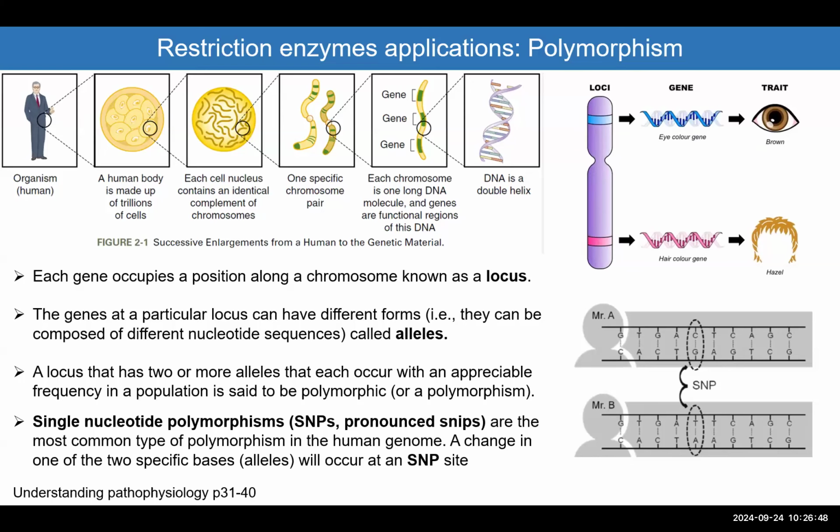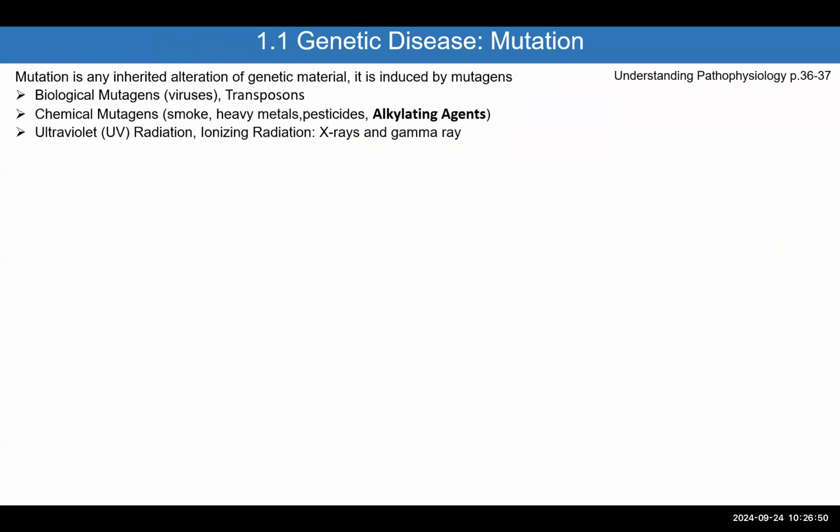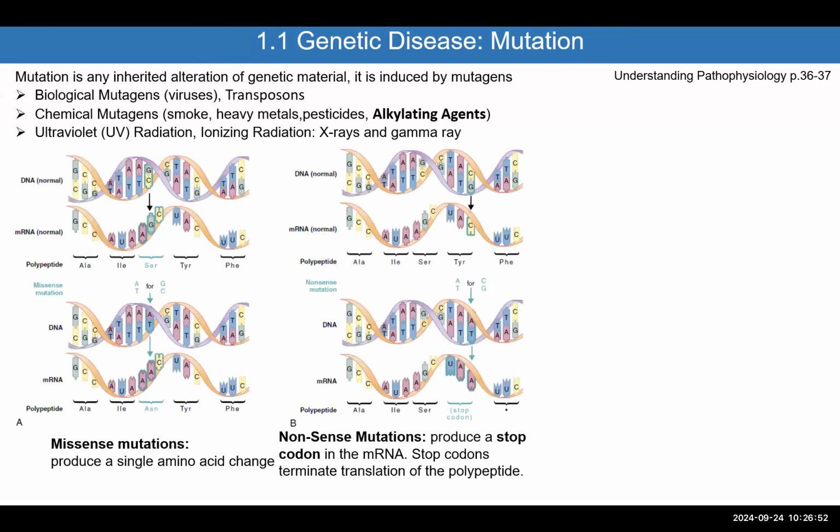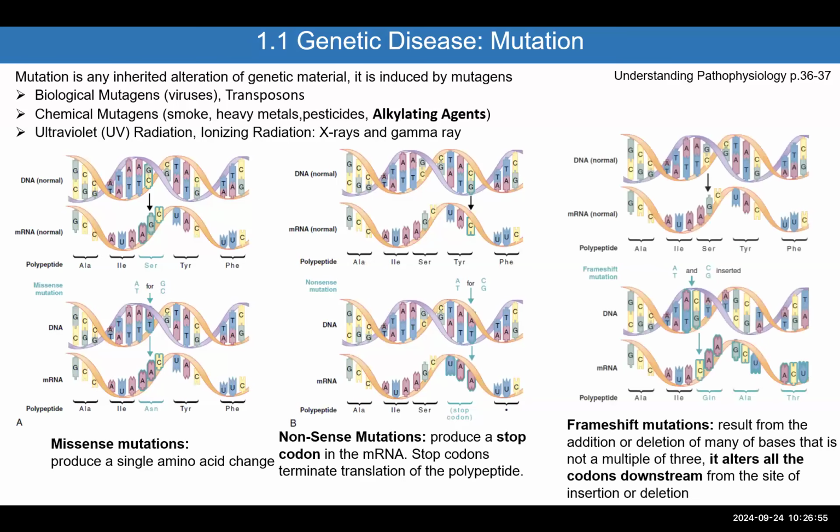Now, I give you an example here, and this is from last year's lecture in the pathophysiology discussing the mutations in the genetic diseases. So a single mutation that causes the change from a G into A can cause a missense mutation, and therefore you can see that the amino acid that is being translated is not serine anymore, it's aspartic acid.